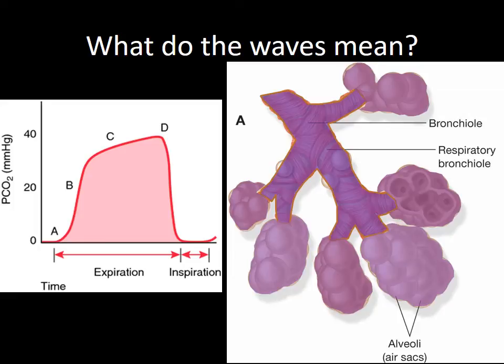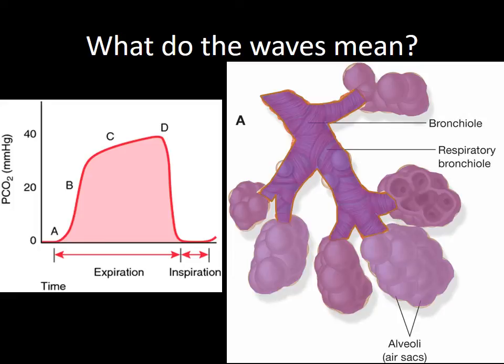So the very first line there, A, is baseline, so that should be 0. And then the patient starts to take a breath. Remember, there's no increased carbon dioxide in the air in the mouth and the dead space, in the trachea, all that, because we don't have gas exchange there. So all that air has to come out first.